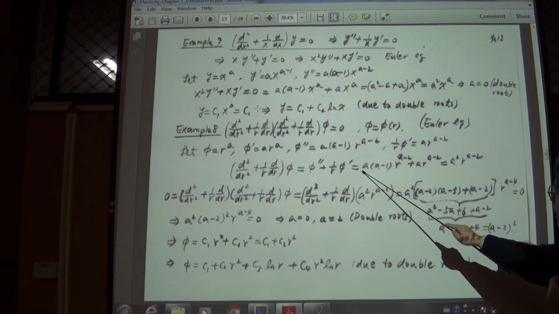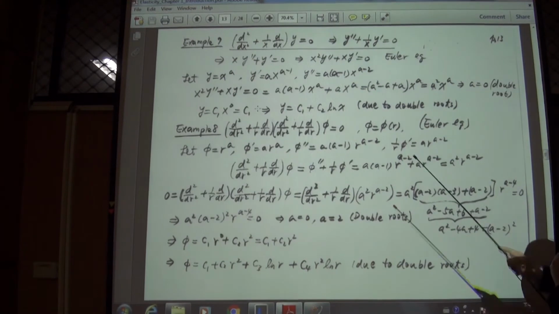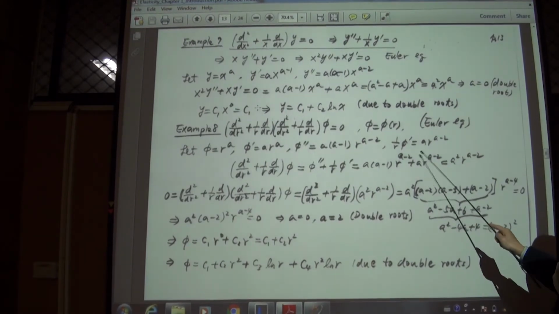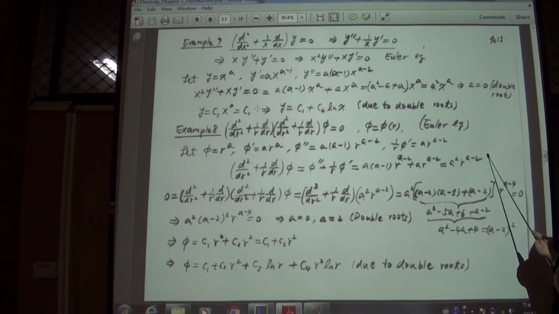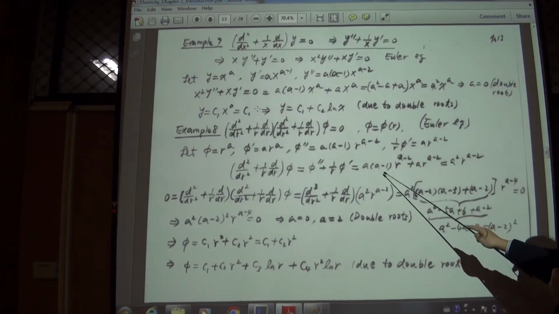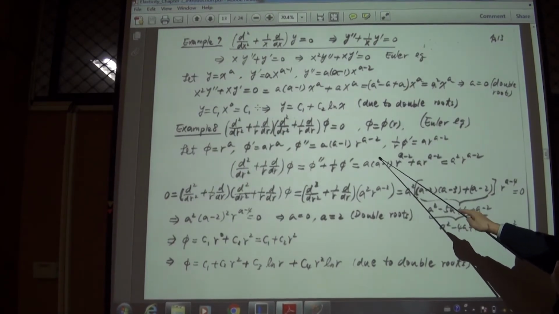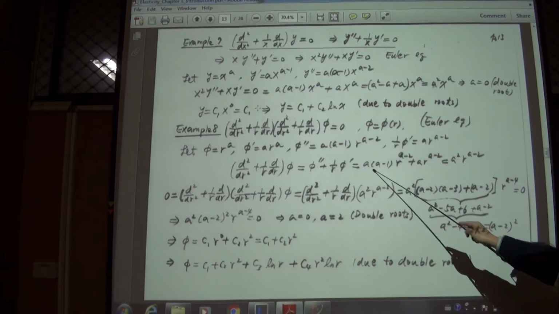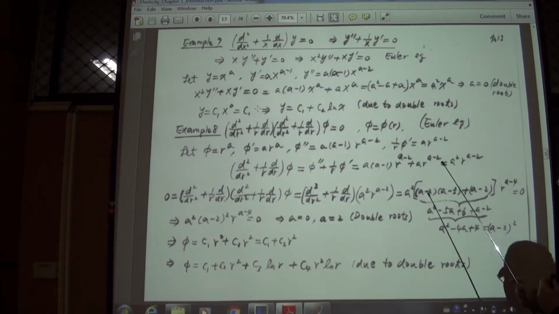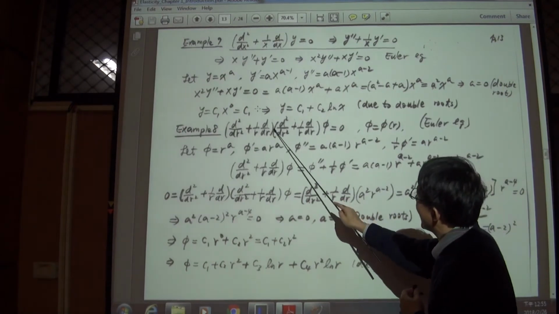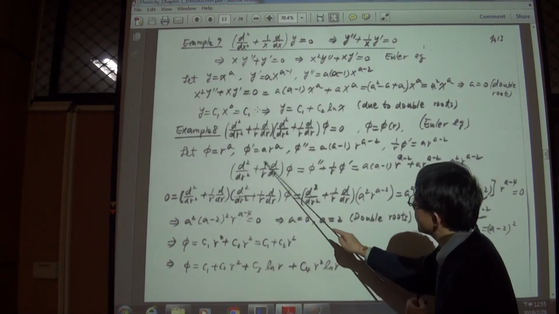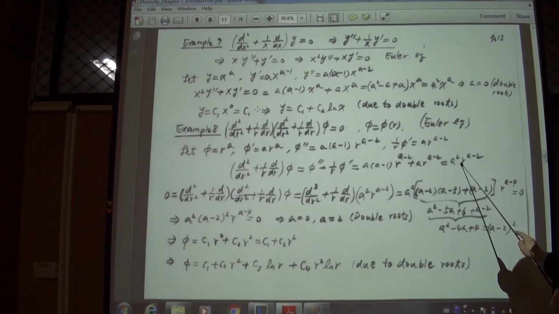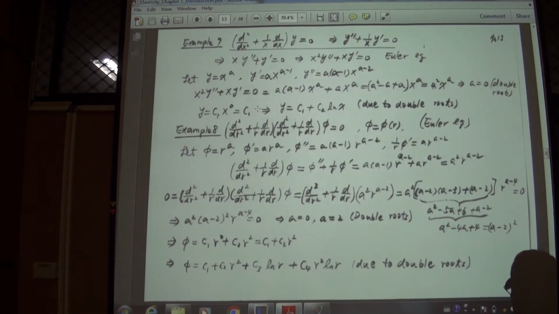Now we take the common term out. After the simplification, this one will be cancelled out with this one. We have only a squared here. So finally, we have calculated this term as a squared times r^(a-2).